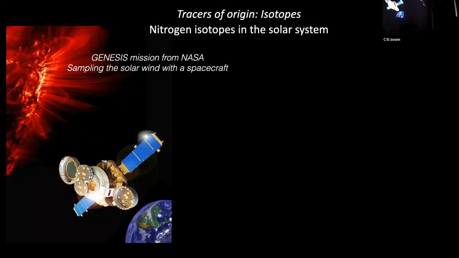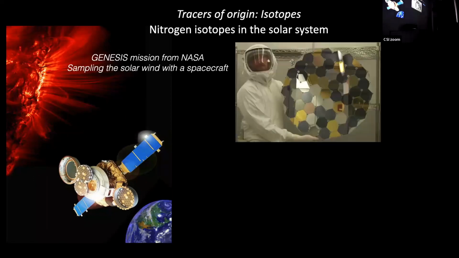This was a beautiful experiment to know better the composition of the sun in terms of trace elements and isotope ratios, particularly oxygen and nitrogen. These were the panels that were exposed to the solar wind, ultra pure material.